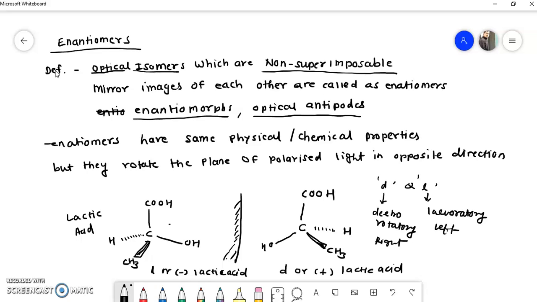Similarly, instead of D we can use plus sign, and instead of L we can use minus sign. The meaning of plus sign is also dextrorotatory, and the meaning of minus sign is also levorotatory. So I think what an enantiomer is, is clear to you. We'll see some more examples so that it will be very clear to you.